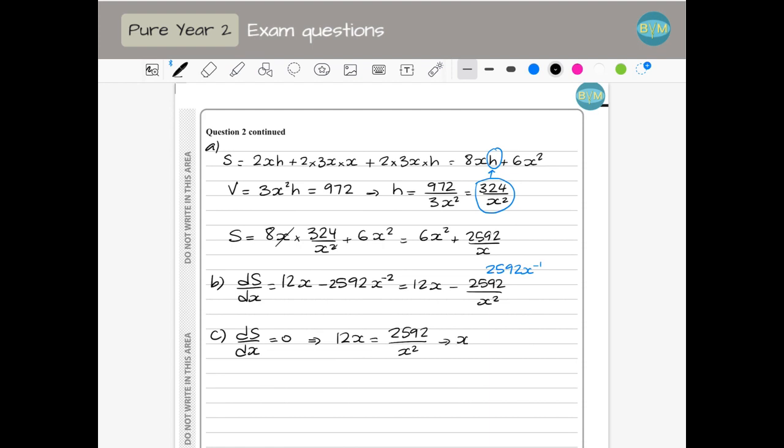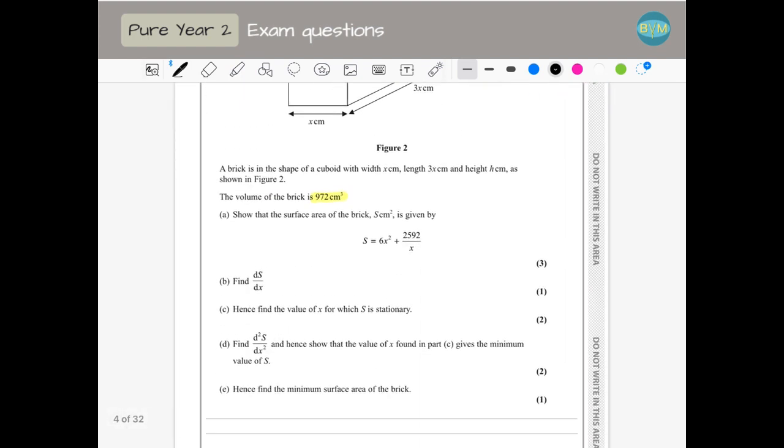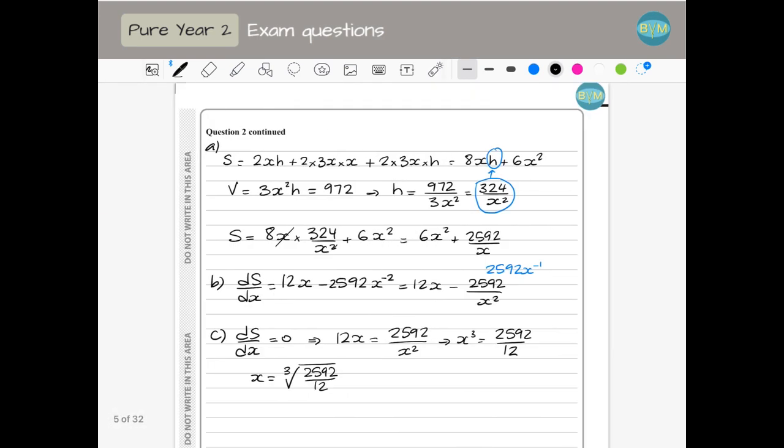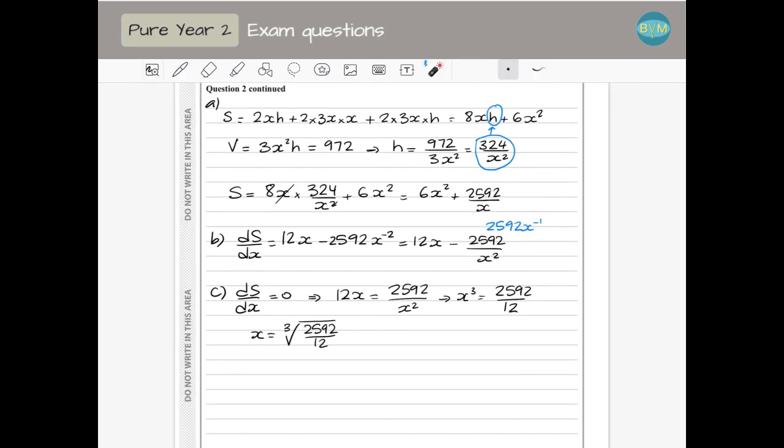So I have that x cubed is this, which means that x is the cube root of that value. Let me see if they ask for an exact value or, find the value of x. Well, this is a whole number, so the whole thing is 6. x is 6. So that's the value of x for the stationary point.